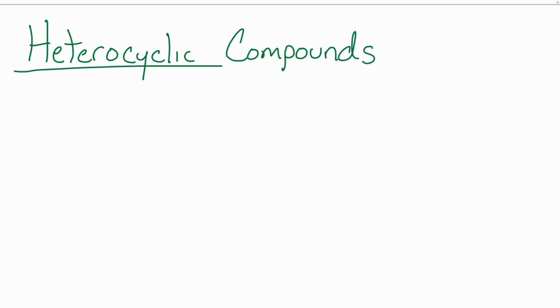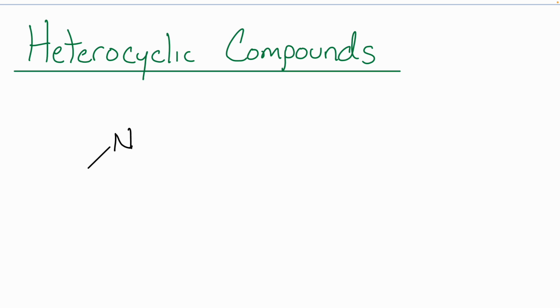The last kind of compound that we have to talk about in this anti-aromatic, aromatic discussion are what are called heterocyclic compounds. Let's look at some examples here. Heterocyclic meaning that they don't just contain carbons and hydrogens, but there's some other non-metal in that ring as well.